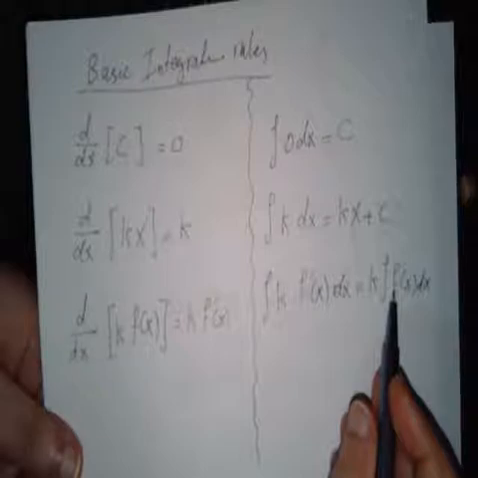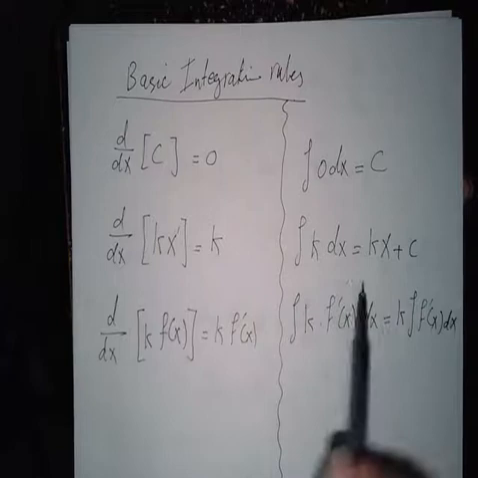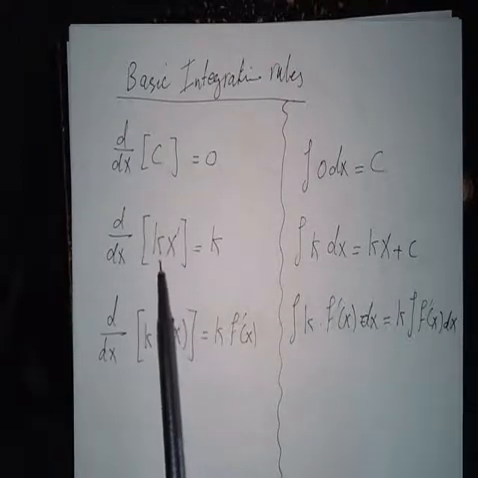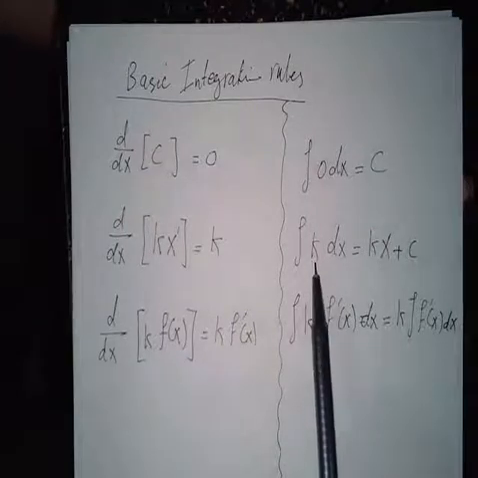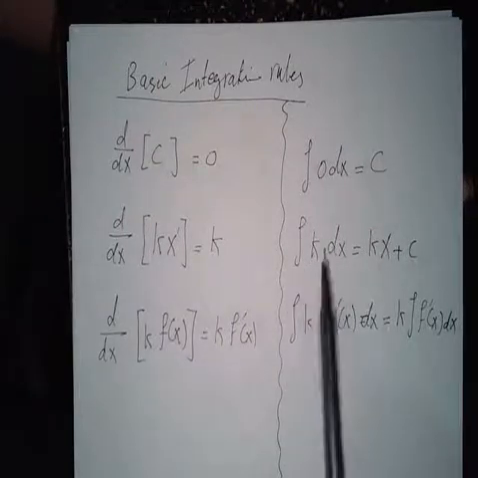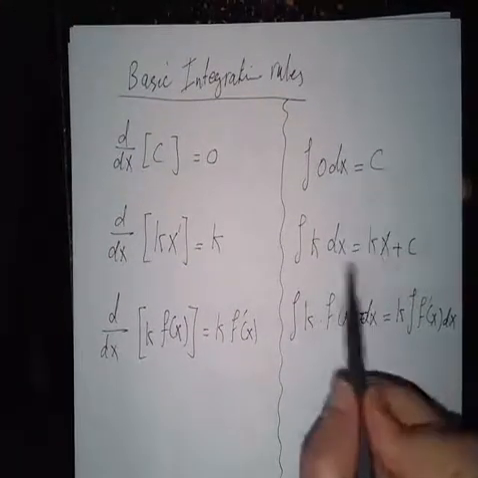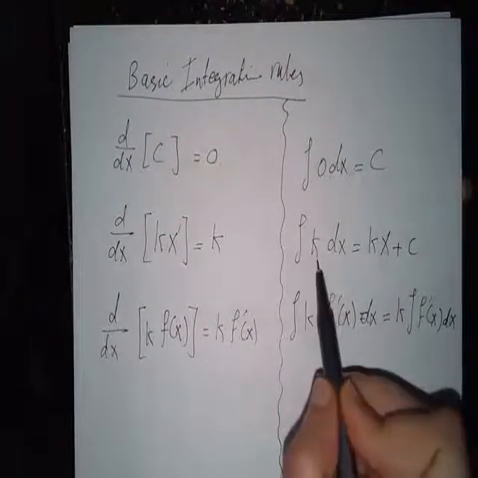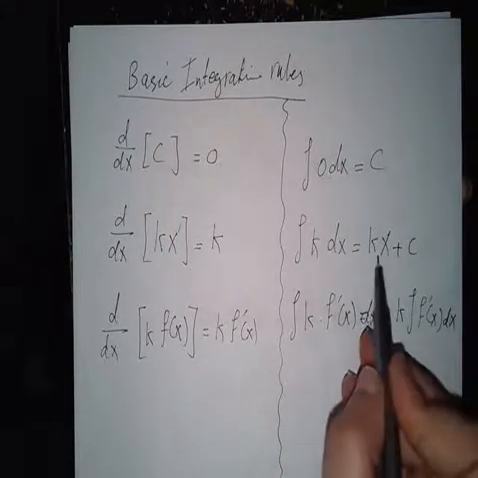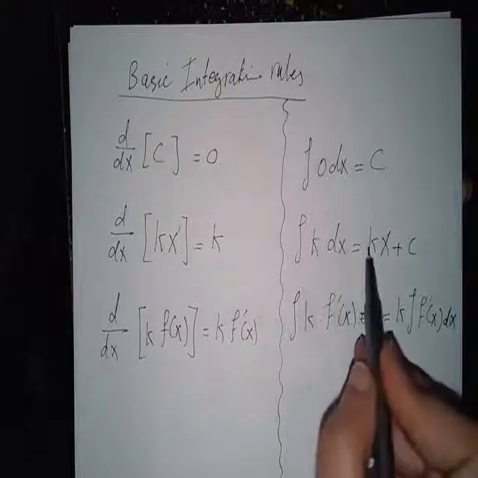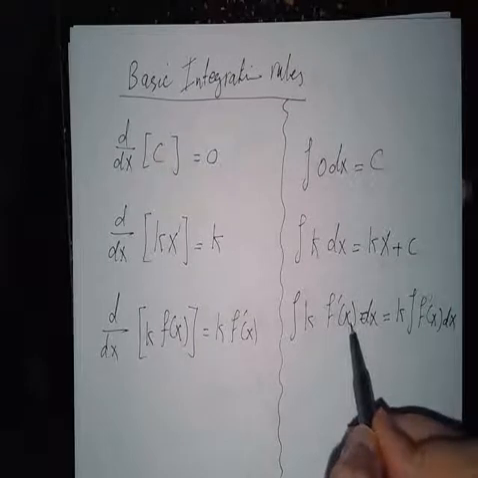Alright? So what I mean by that is, if you want to look at the previous example for instance, over here we have kx, derivative is k. Over here we only have k. Does that mean I can take it out? Yes, you can. If you do, you'd end up with a 1 because it's k times 1, right? So if you do that, take this out, then you end up with integral of 1, and when you do that, you end up with x. k was on the outside, and you multiply it times the x, therefore k times x.